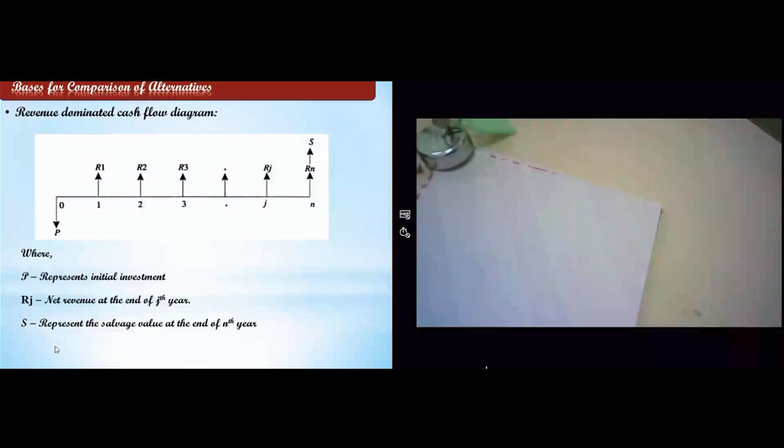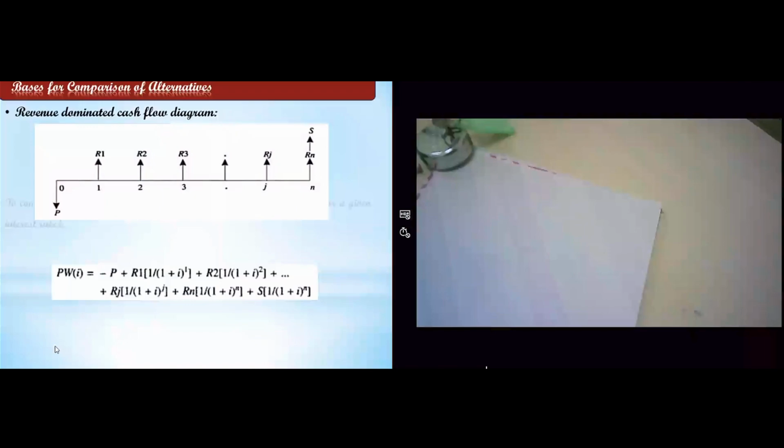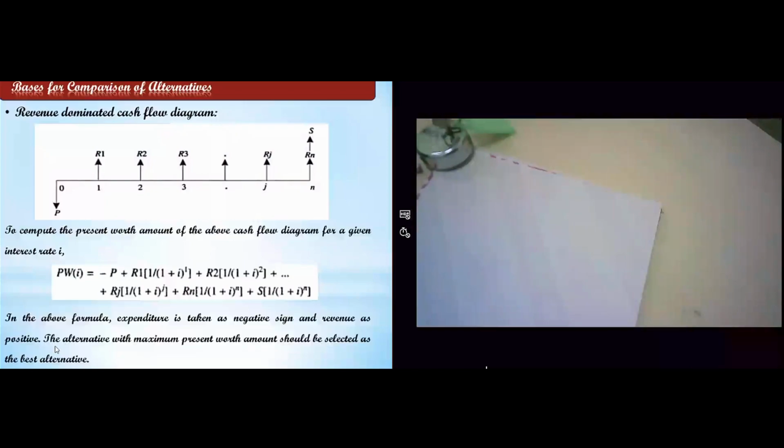So the same equation here we have used, but the only thing is you can see the difference in the sign convention. All the revenues would be taken as positive here in the revenue dominated and all the costs would be taken as negative. That is why initial investment I have mentioned as minus P, whereas R1, R2, R3, RJ and RN we have considered as single payments and the sign is positive because it is revenue dominated, including the salvage value.